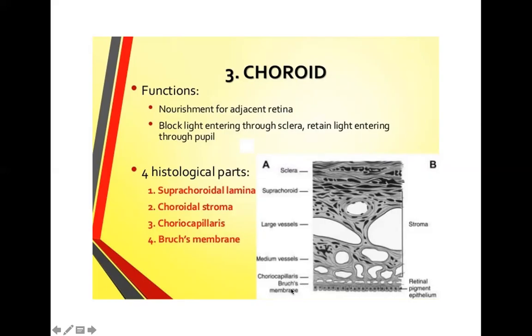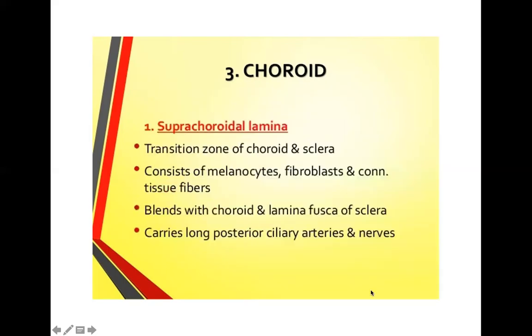Remember, it is the Bruch's membrane that is nearest to the retinal layer. So your suprachoroidal lamina is the transition zone from the sclera, or the outermost covering. Now this one contains cells and fibers, okay? And this carries your posterior ciliary arteries and nerves.